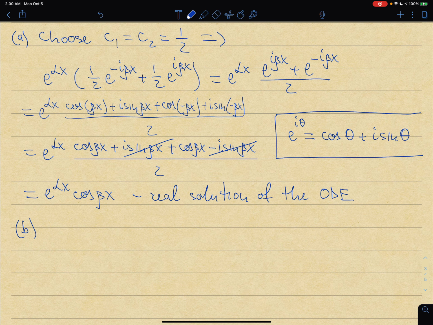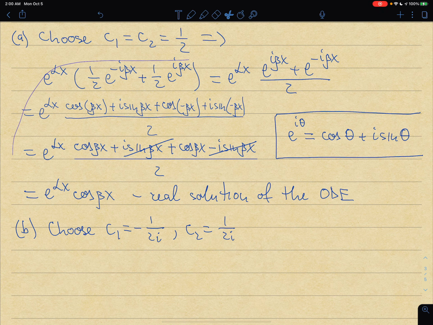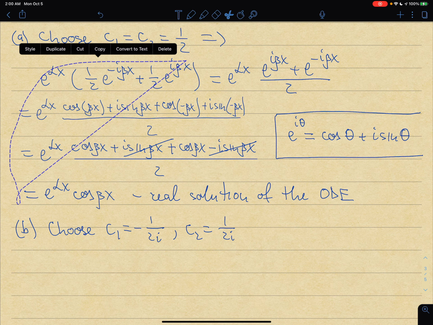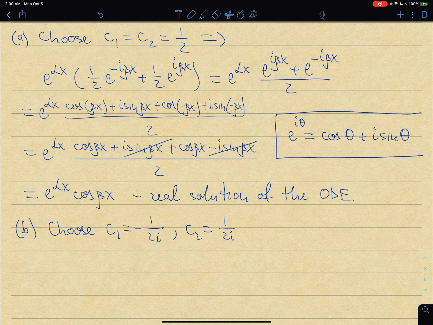Now I'm going to choose C1 and C2 in the following way. So choose C1 equal to minus 1 over 2i, and C2 equal to 1 over 2i. So if I do that, then let me just copy this stuff from here, and we'll modify it accordingly.